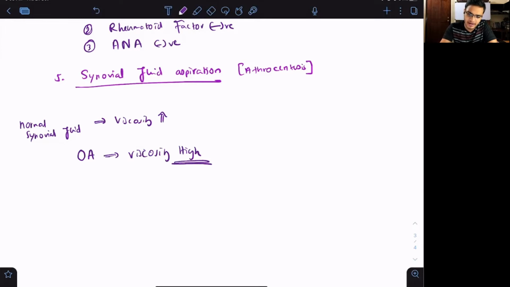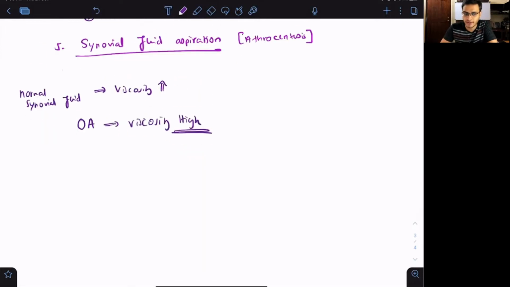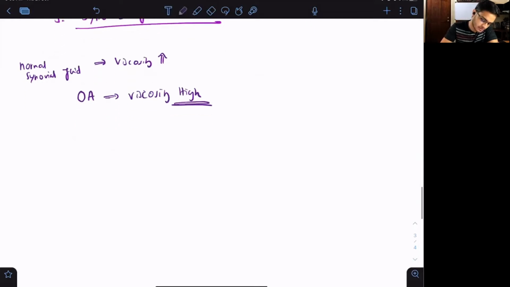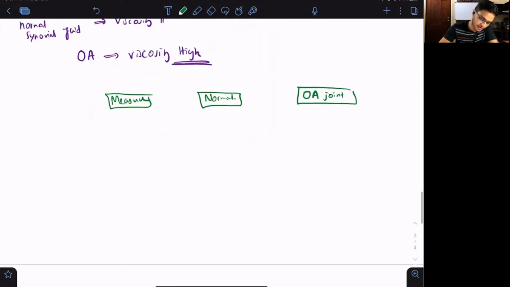Next, guys, we'll look at some comparison in this synovial fluid aspiration. We'll look at the measures, and we'll look at a normal joint and an osteoarthritic joint. The measures, guys. Again, we'll start off with viscosity. We will talk about volume.